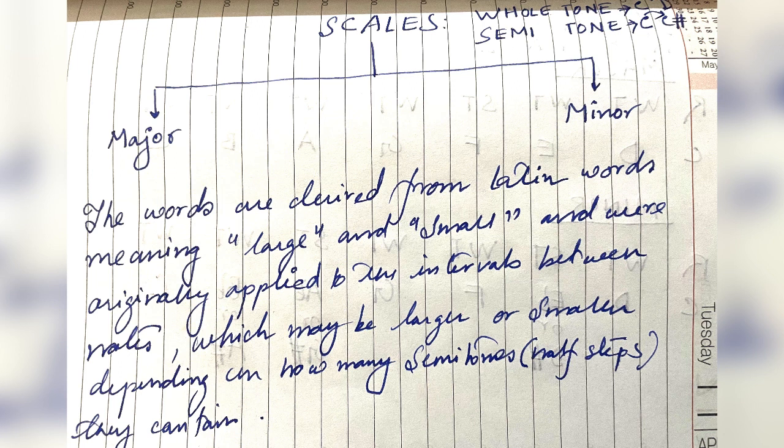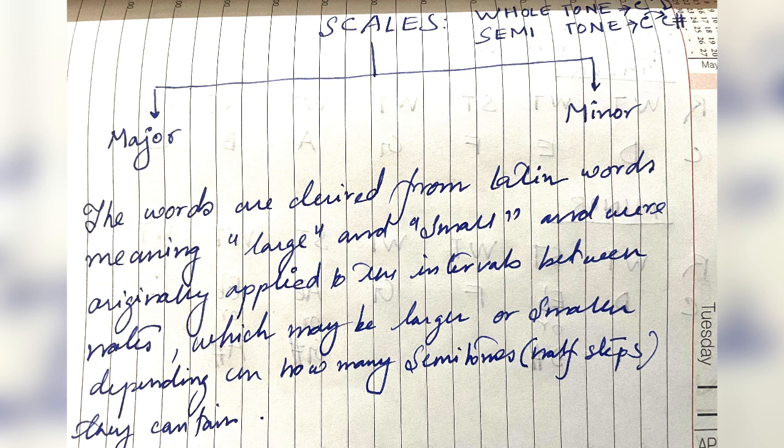When we are learning this, we must also learn the symbol whole tone, which is denoted by WT. If somebody asks you to play a whole tone of C, that means you have to go from C, passing the C sharp, to D. Let's say you are playing a D sharp note.